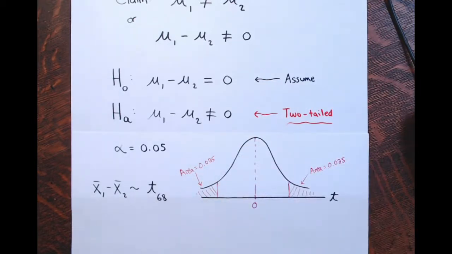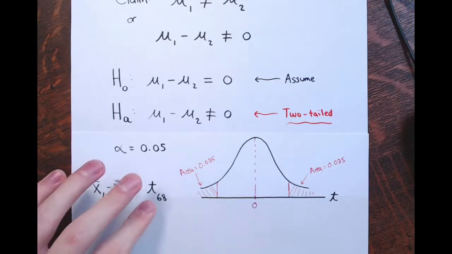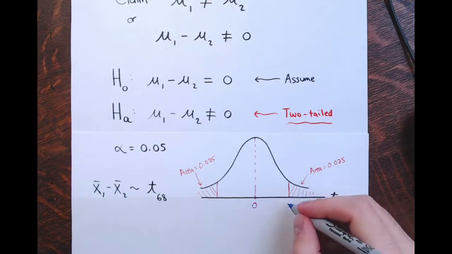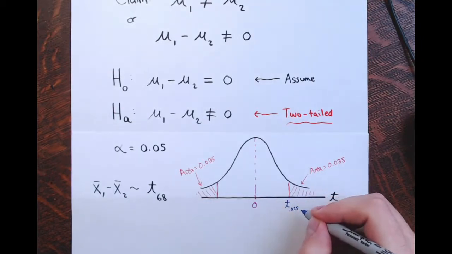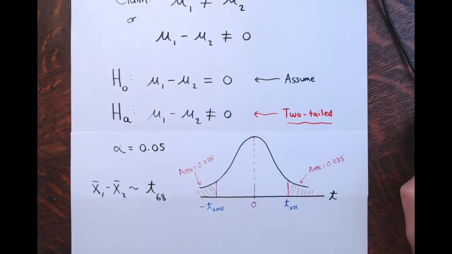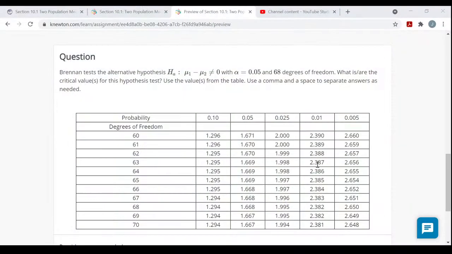So what I'm looking for in this t-distribution with 68 degrees of freedom are what's the t-score with 2.5% above it, and then what's the opposite of that, right? Negative t 0.025. And those can be found with a calculator and the inverse t function, but they gave us a nice table here.